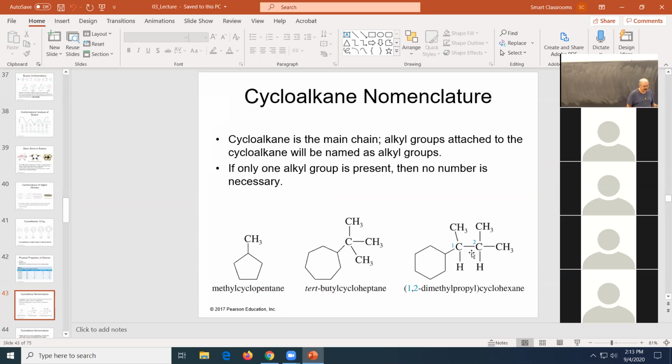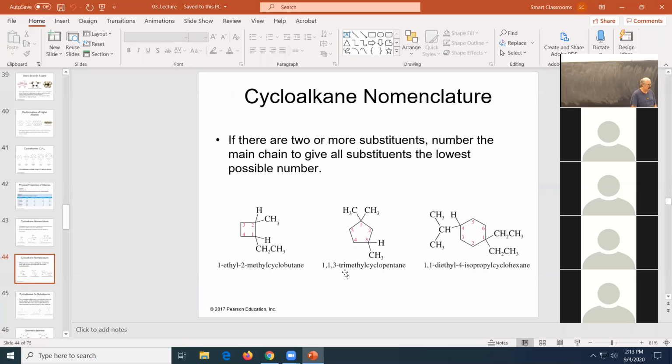Okay, for a monosubstituted cycloalkane, we don't need a number. So this is methyl cyclopentane, this is tert-butyl cycloheptane. Okay, if there's two or more substituents, we use the lowest combination of numbers, and we list the substituents alphabetically.